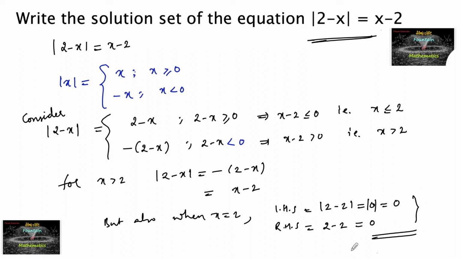Both are the same. So which indicates that 2 is also a solution. Therefore the solution for this equation is 2 to infinity including 2. So from 2 onwards, 2 also we can consider. Okay, right. Thank you.